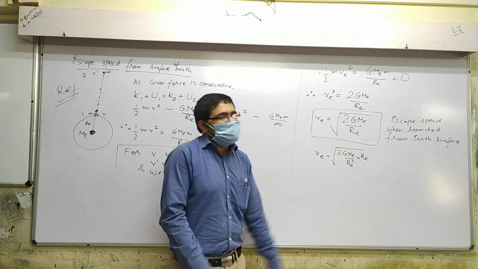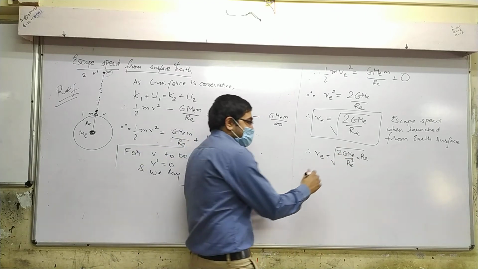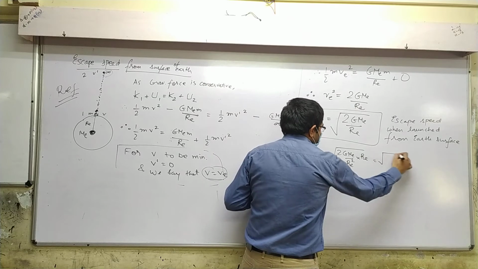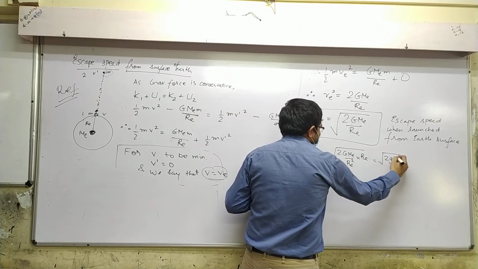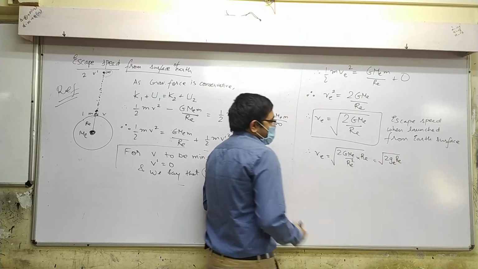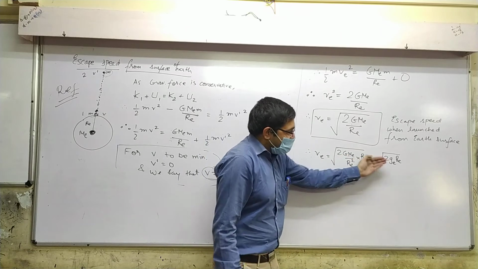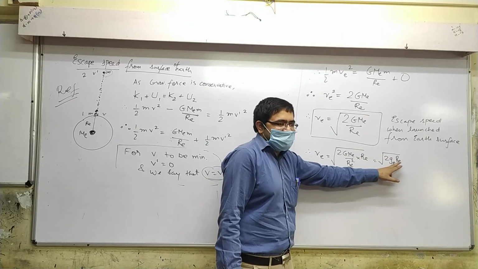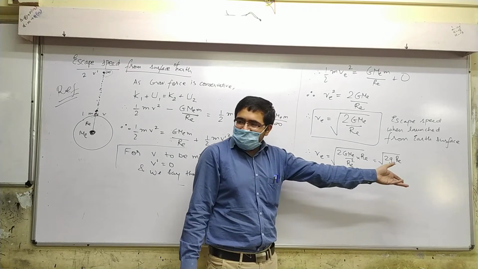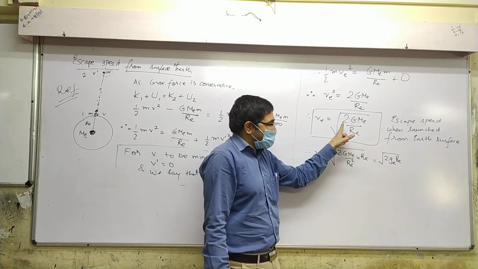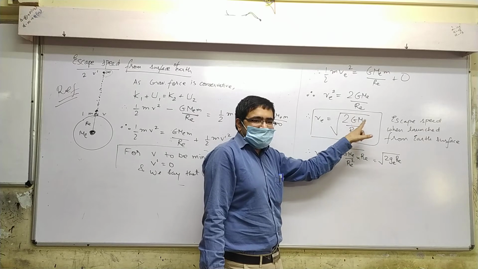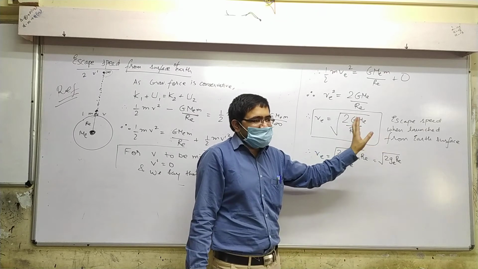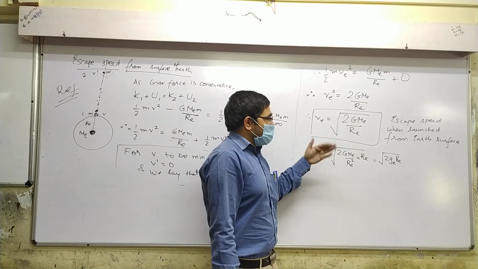So it becomes very simple: under root 2 g RE. What is the advantage of remembering or using this? We know the value of g, so it's easy to calculate. 2 into 9.8 into radius of Earth. Easy to use, isn't it? Compared to putting 6.67 and all that. Understood? So both formulas are valid.